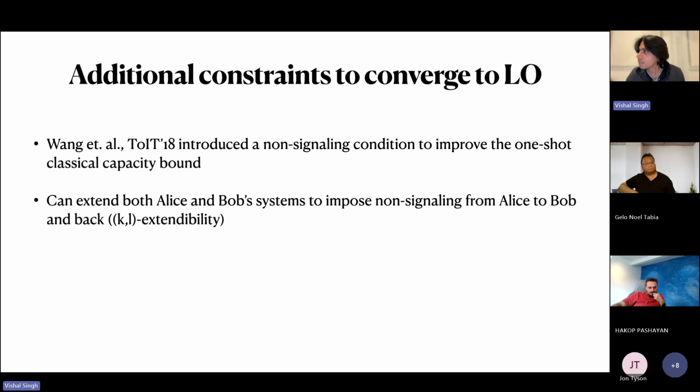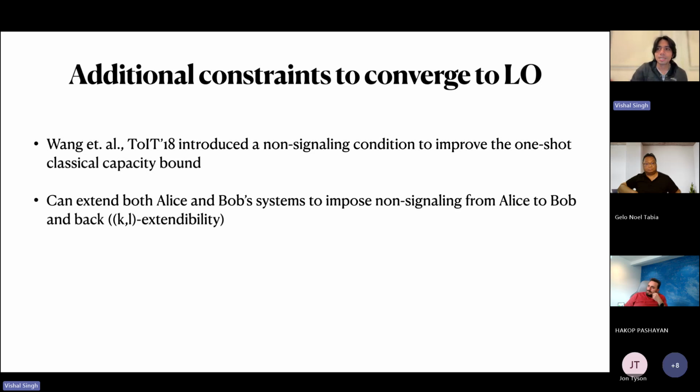I think what we can do on our computers is just set k equals 2 and L equals 2, and the dimension of Alice and Bob to be 3. That is the best we can do. So indeed, it's very restrictive, but it does outperform the bound that we get from 3-extendibility actually.